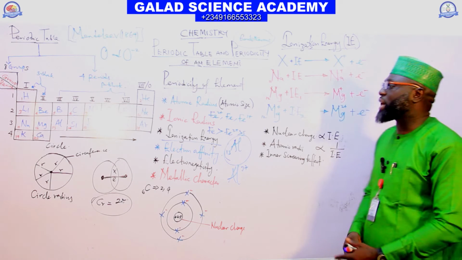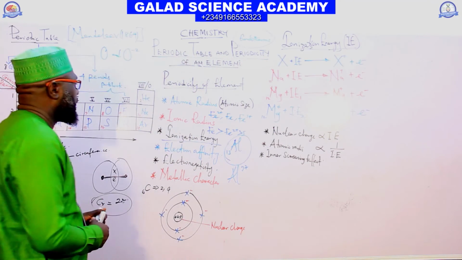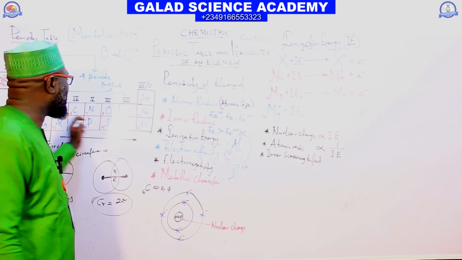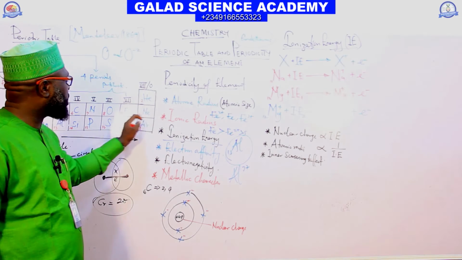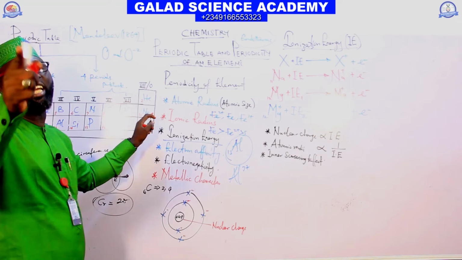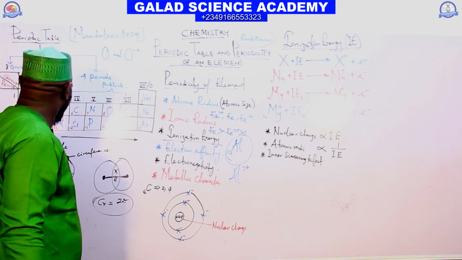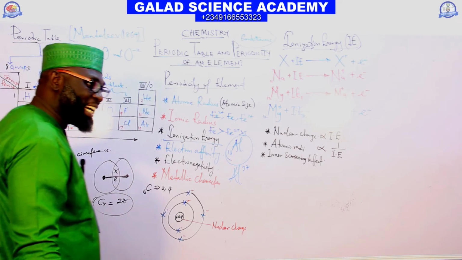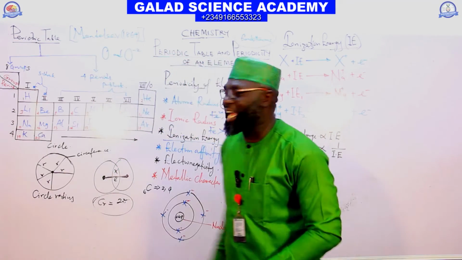So let us look at it now. The atomic radii decreases across the period, so the ionization energy will increase across the period. The atomic radius increases down the group. Therefore, ionization energy decreases down the group.